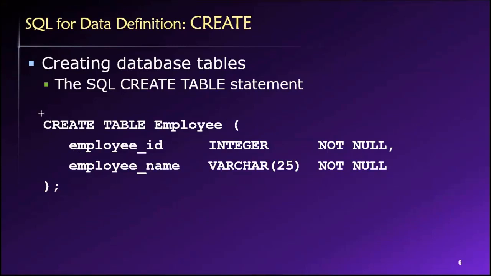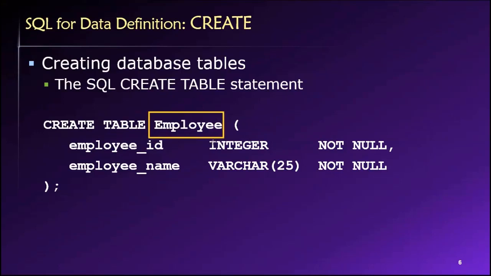And again, the idea here is that we want to write a SQL statement that will create a new table for our database. It always begins with the keywords create table. So we use create, and then we specify the type of database object we would like to create, which in this case is a table. And then we specify the name of the new table.